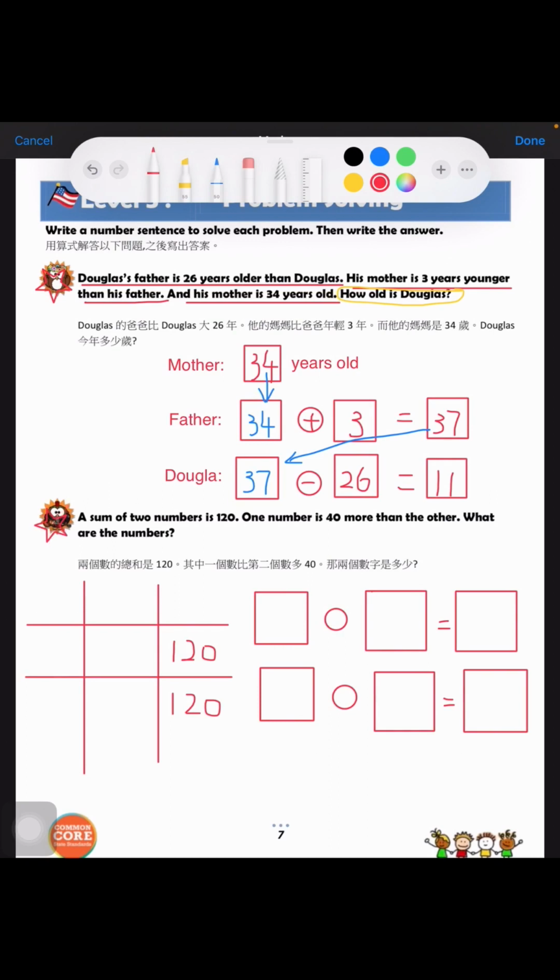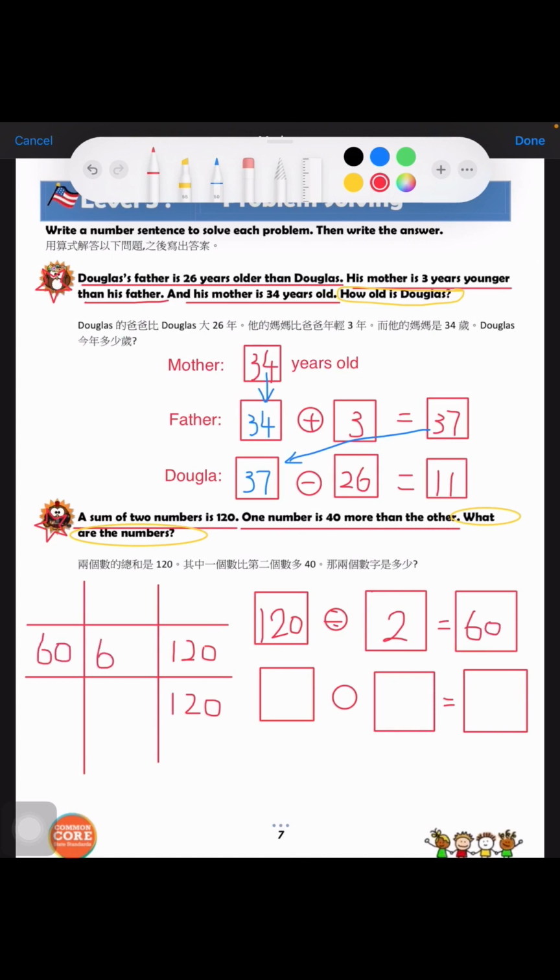The sum of 2 numbers is 120. One number is 40 more than the other. So what are the numbers? First, we can divide the sum of these 2 numbers, 120, into 2 equal parts, which is equal to 60.